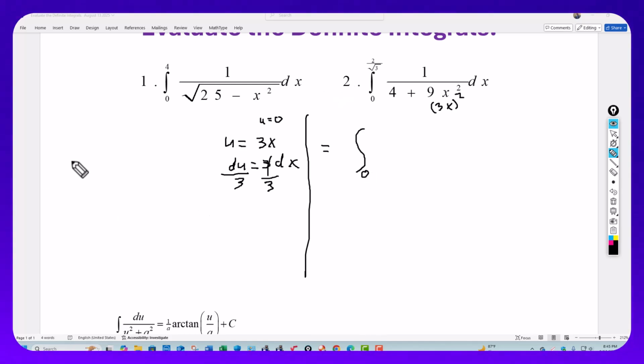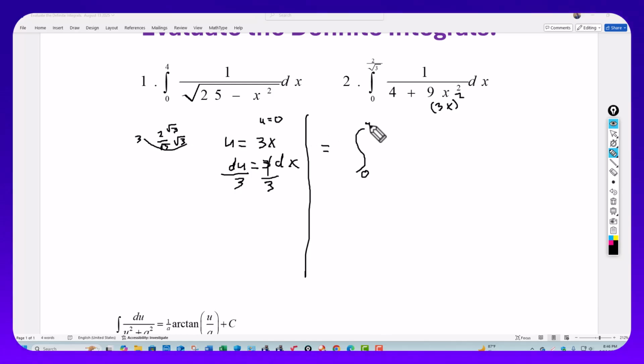And when x is equal to 2 square root of 3, we multiply by 3 here, and radical 3 times radical 3 is 3, and this is going to cancel there.